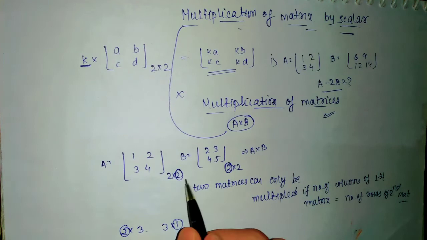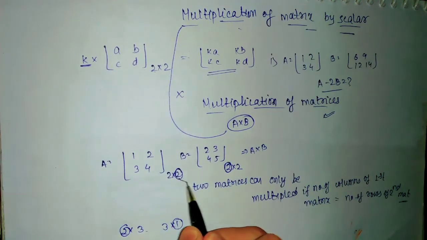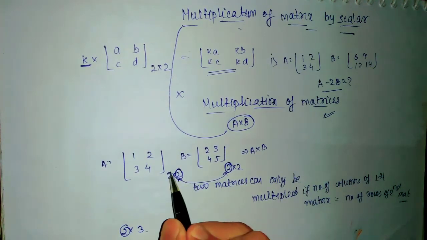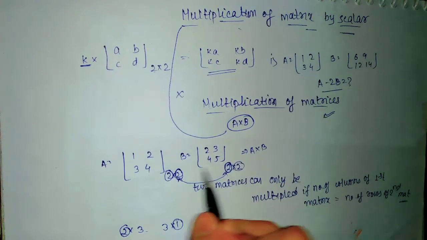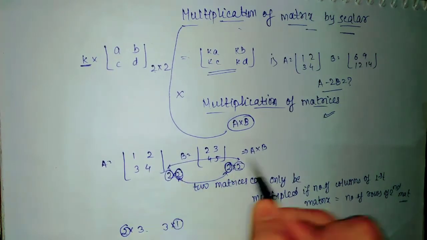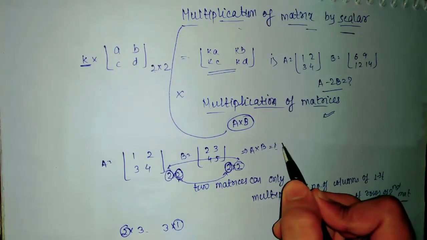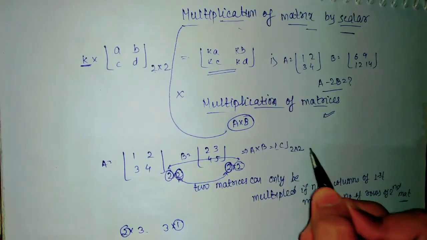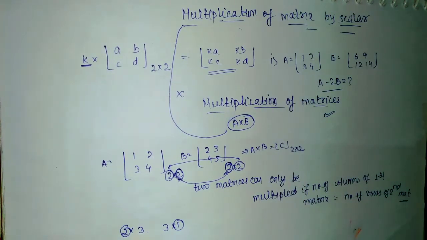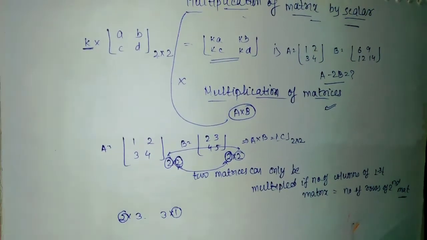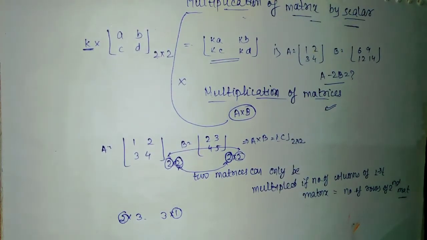It should be equal for multiplication of matrices, and the final order will be this into this. Means we call it a C matrix and its order will be 2 into 2. Are you getting my point or not? Okay, I think this point was clear to you.